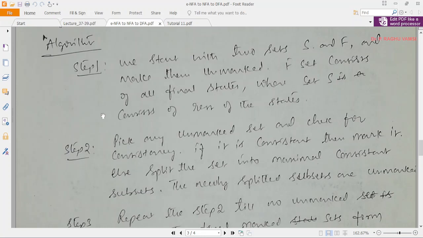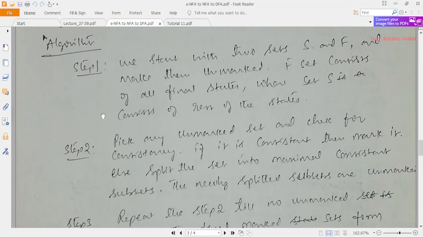The table filling method is also an easy way of solving the problem, but the subset construction method is one more attractive method where we can reduce the given DFA to the minimum number of states. So in this lecture, I am going to present the subset construction method.